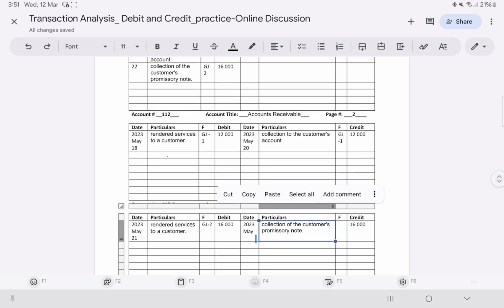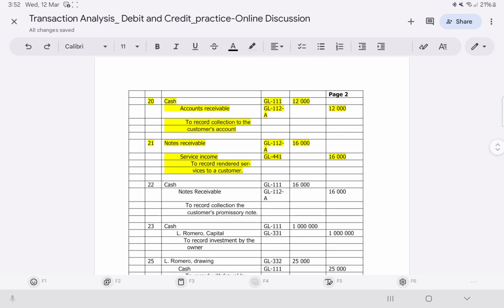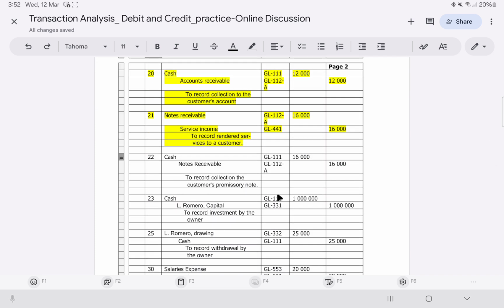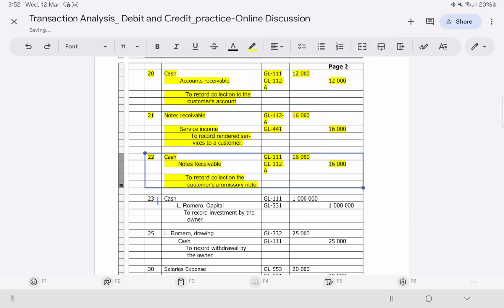Okay, so May 22. So next, we are done with transaction 22. Let's highlight again and let us proceed to the transaction on May 23.